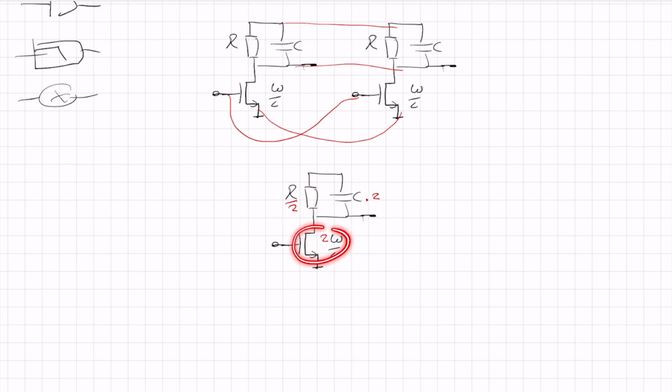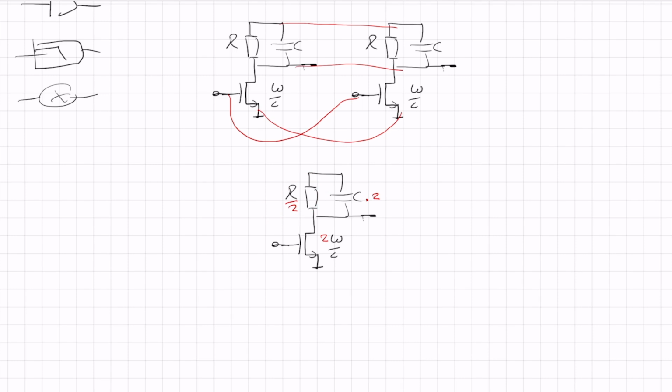Well, here the GM is 2 times bigger and the R is 2 times smaller, so the gain is the same. So all the properties are the same except noise, because here we have a lower resistor and then also we have less noise.